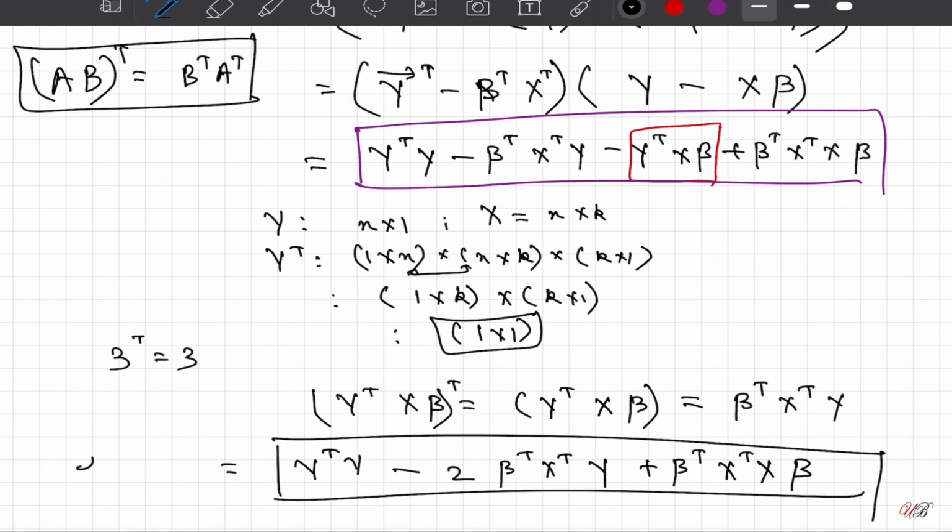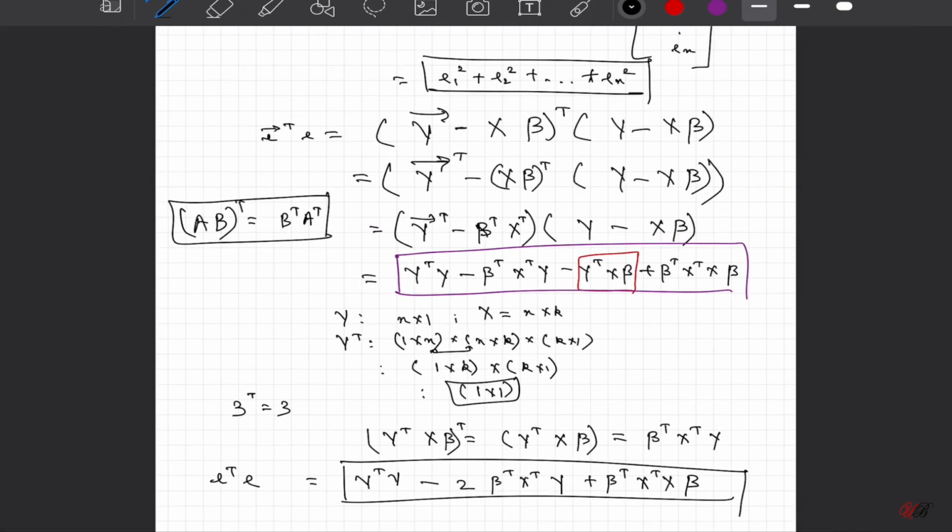So this is our equation of E transpose E, and there is the beta vector that we have to optimize. Again, this becomes a simple optimization problem: identifying at what value of beta we would have the minimum errors, or minimum sum of square of error.